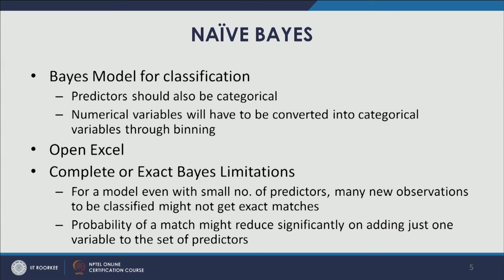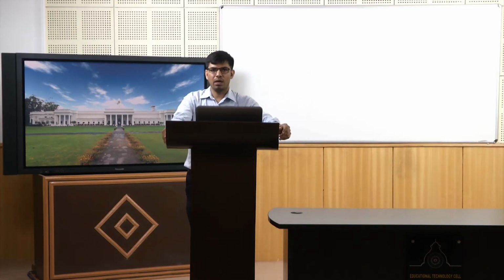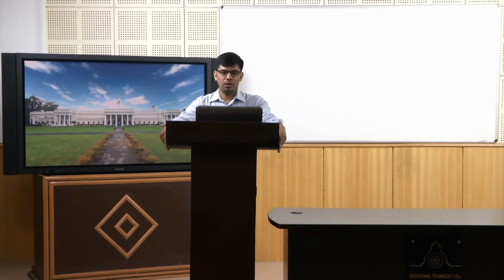In KNN or other techniques which could be used for the classification task, generally the predictors could also be continuous variables, but in the Bayes model, the predictors should also be categorical. It's not just the outcome variable that has to be categorical for the classification task, even the predictors should also be categorical.